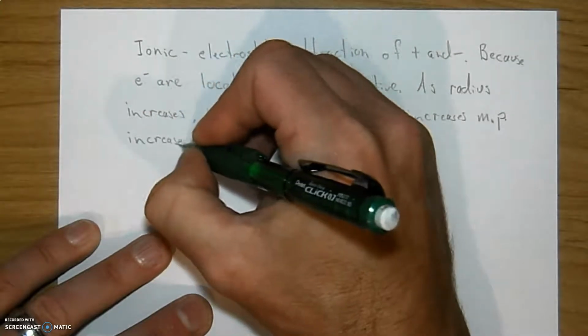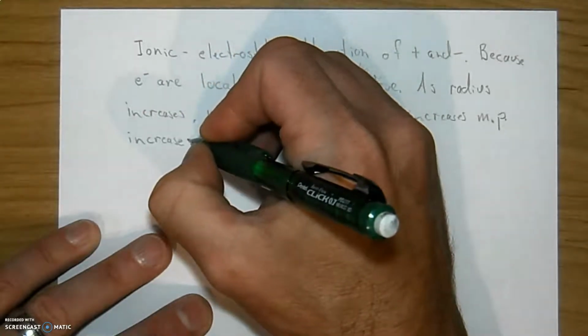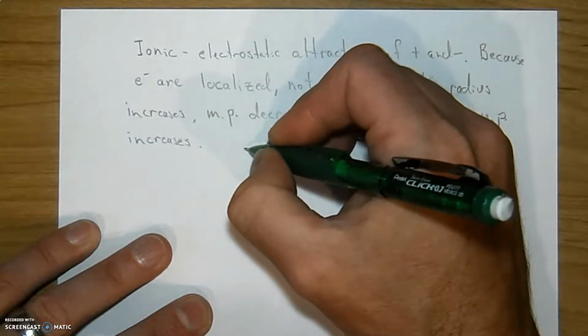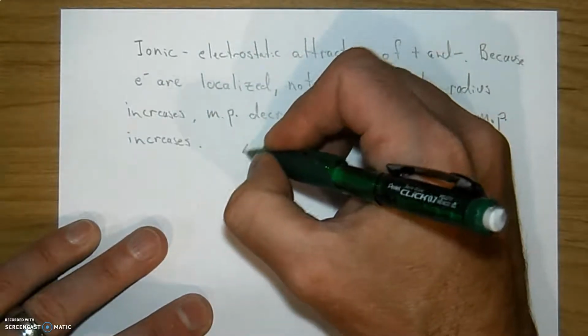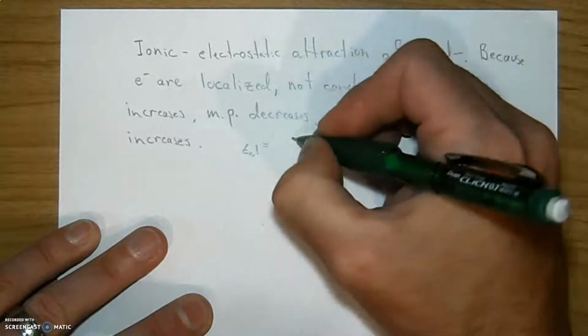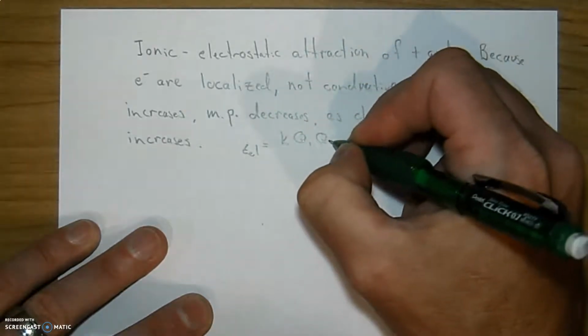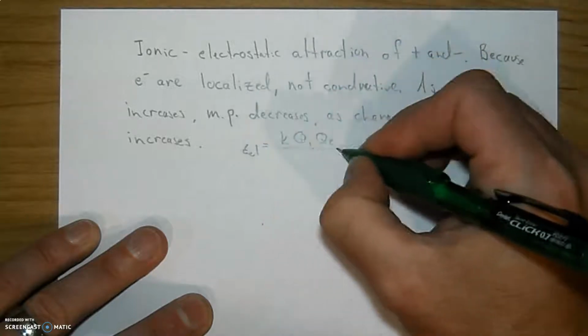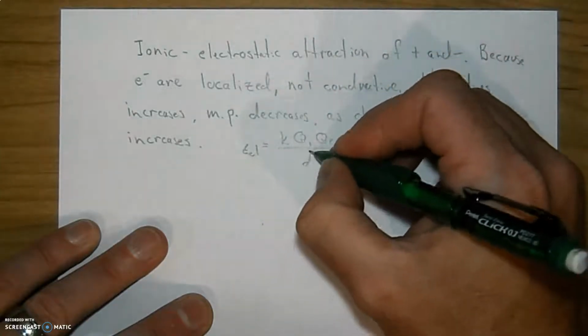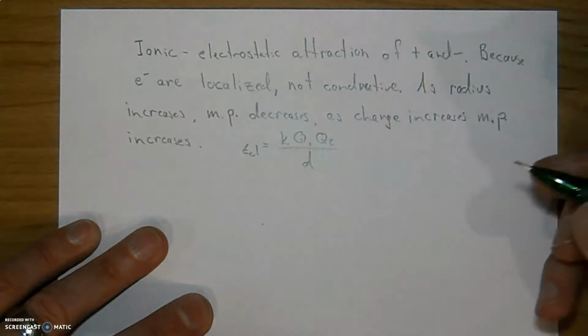So they act differently, inversely. And this is according to the electrostatic potential energy, Coulomb's law. Q1, Q2 are the charges of the atoms, and the distance is the radius of the atoms.